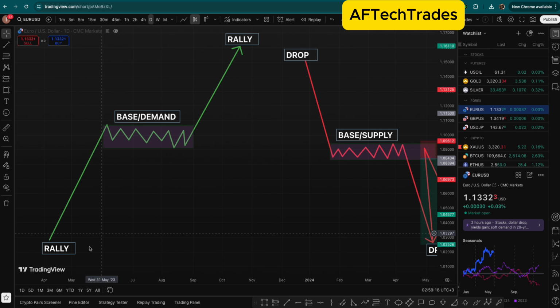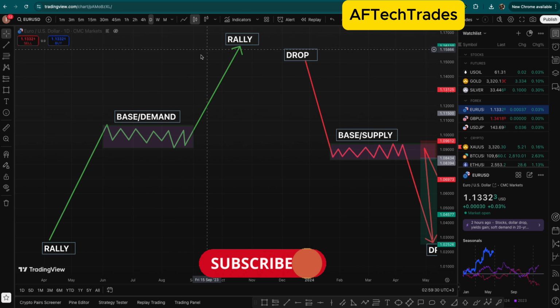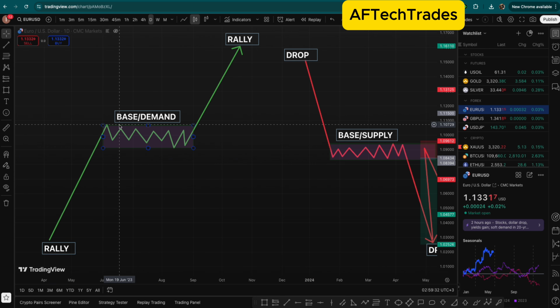So you see, we have a rally, we have a base here, which can also be referred to as our demand zone, and we have a rally also, meaning there was a strong buy, a consolidation happened, and the buy continued. You get, and the big institutions will set their limit order around this zone.